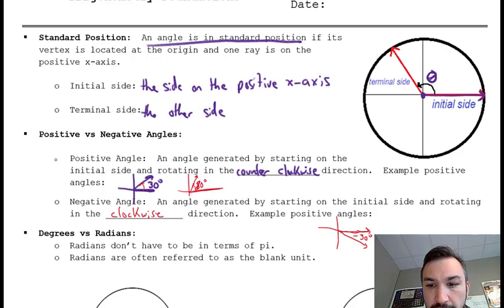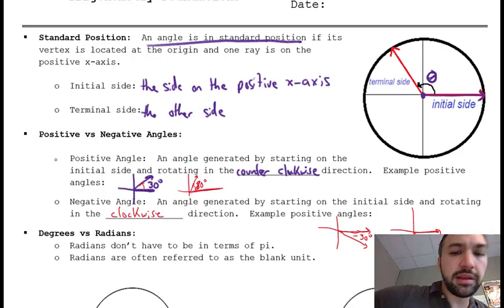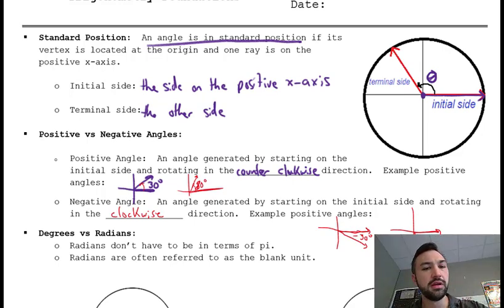And 80 degrees, how much it opens up counterclockwise is the same amount that negative 80 would open up clockwise. So whether the angle's positive or negative, all that's going to change is the direction that you're measuring.